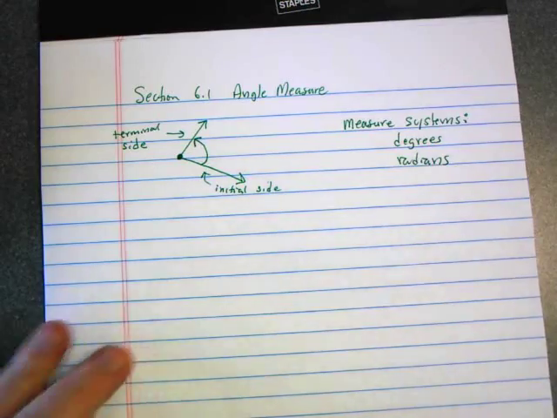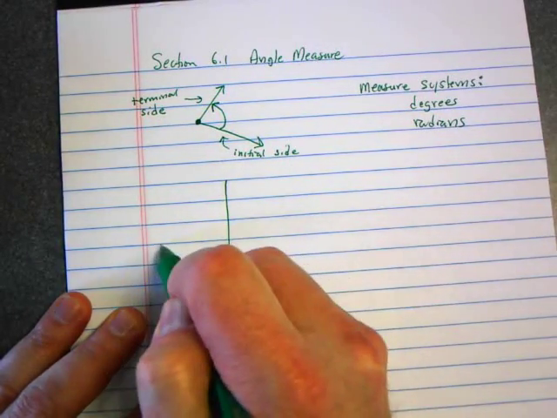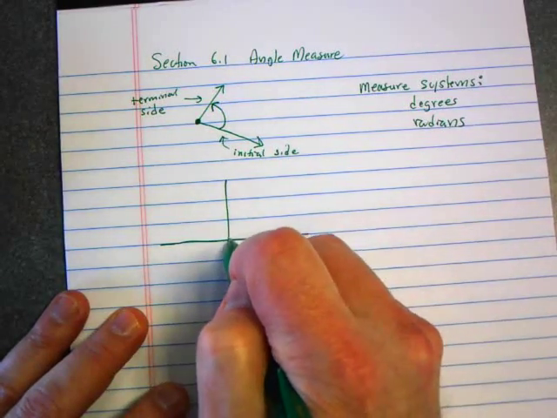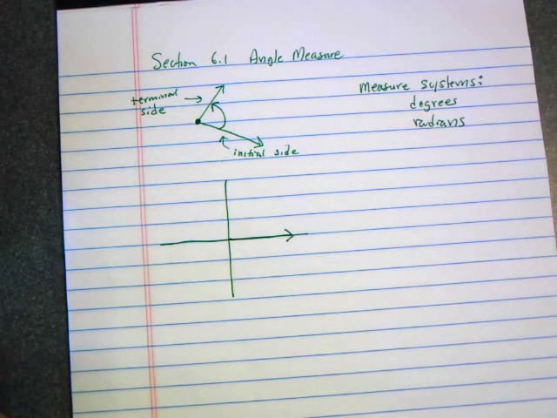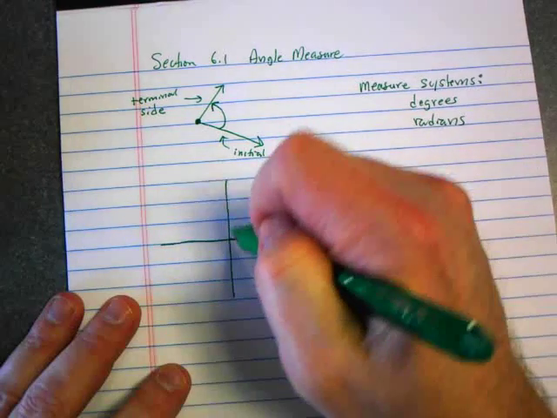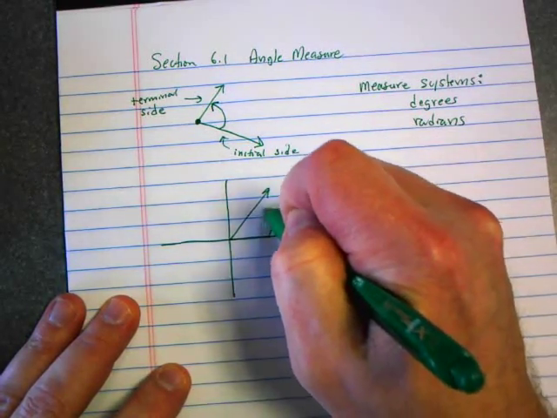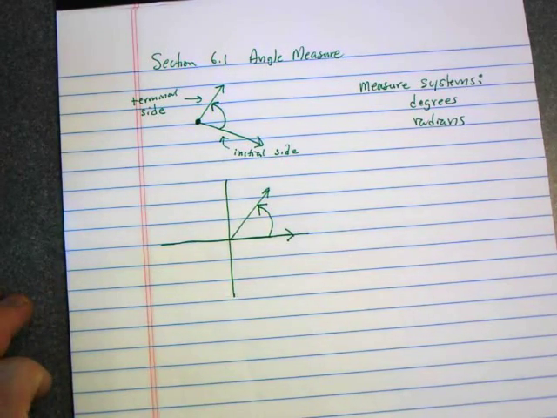Now, for our purposes, when we draw an angle, traditionally, one of the sides will be the positive x-axis. So we're always going to measure angles from the positive side of the x-axis. If we measure an angle this way, counterclockwise, we consider that to be a positive angle.